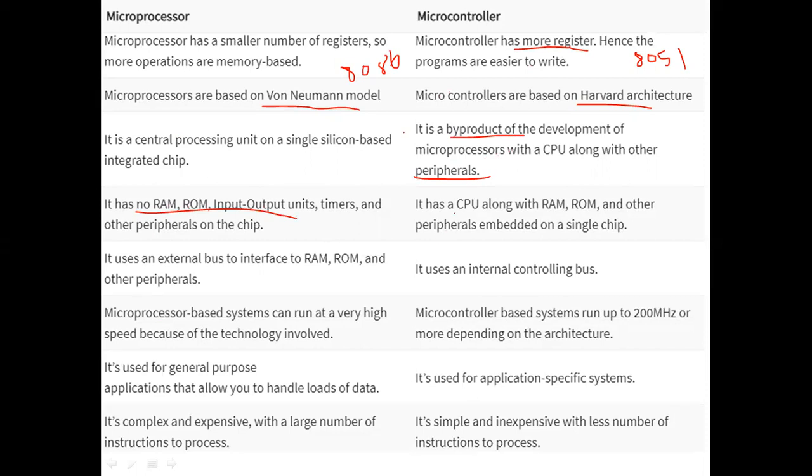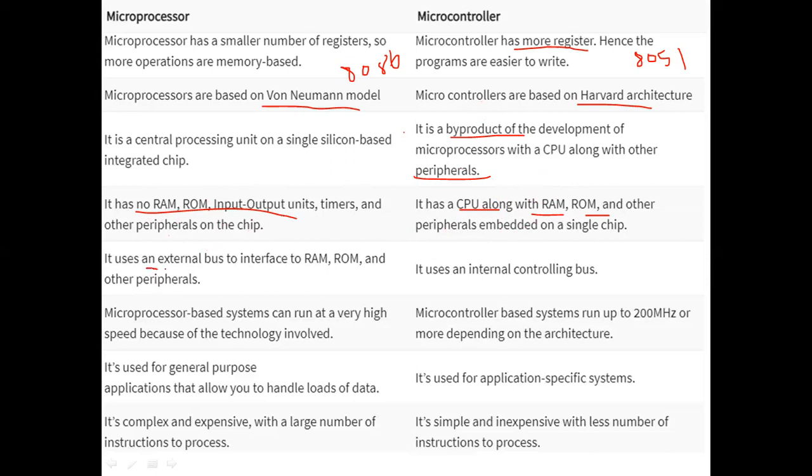But in a microcontroller, a single IC or chip combines the CPU along with the RAM, ROM and other peripherals embedded on the single chip. So the collection of RAM, ROM, interrupt, timer and CPU combined together is called a microcontroller. Only the processor is called a microprocessor.